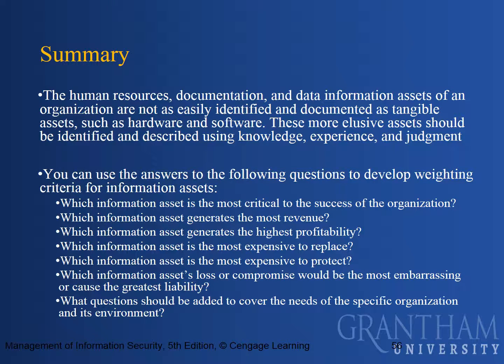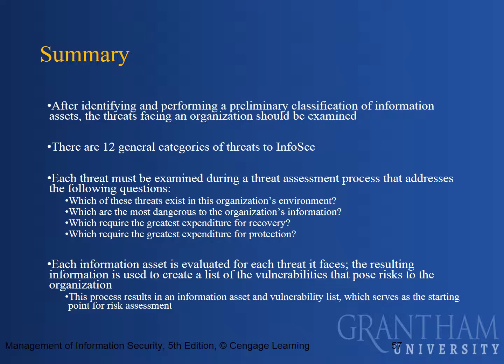As you review the summary, do note the questions provided for developing weighting criteria for information assets. Also remember that there are 12 general categories of threats to InfoSec, and that each threat must be examined during a threat assessment.